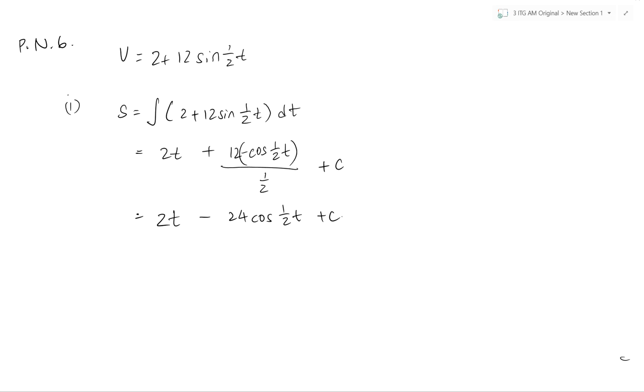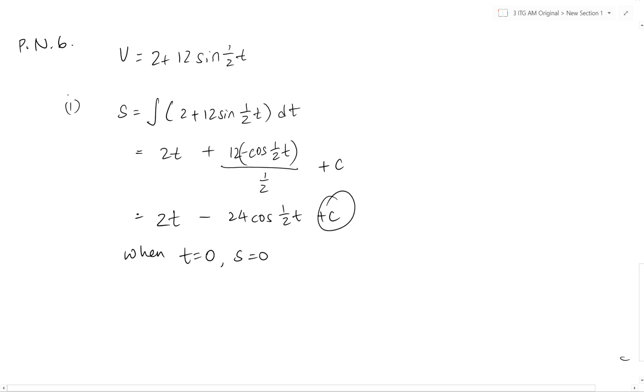We currently have an unknown over here, c. So how do we find out the value of c? The question says that t is the time in seconds after leaving the origin, which means that when t equals 0, our displacement should also be equal to 0.